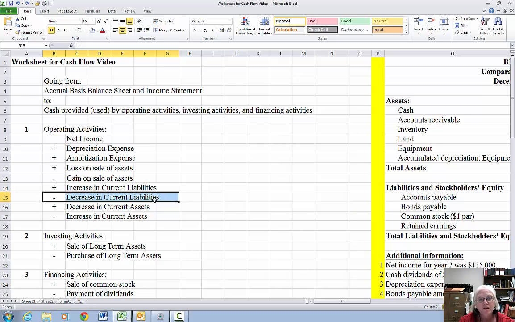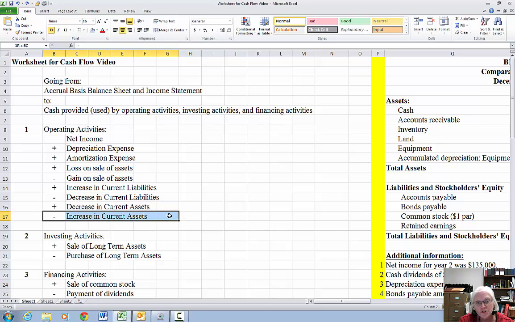cash. And then if you recall, current liabilities have a normal credit balance and current assets have a normal debit balance. So since it's the opposite, then you're going to have the opposite effect. So when you decrease your current assets, like selling inventory, you've increased your cash.